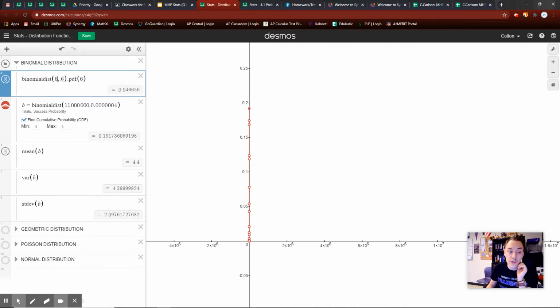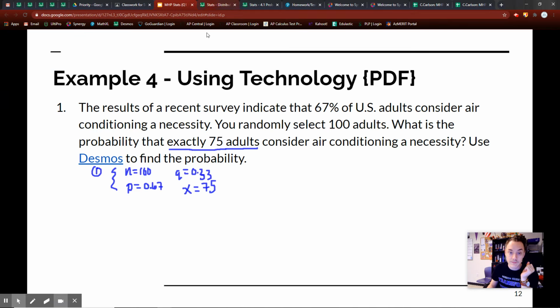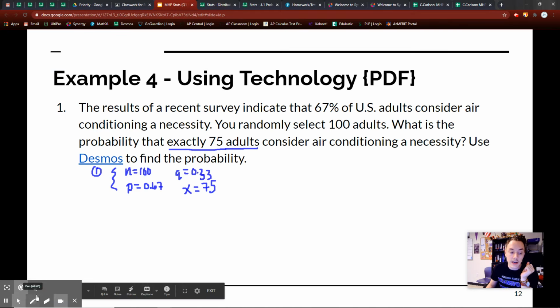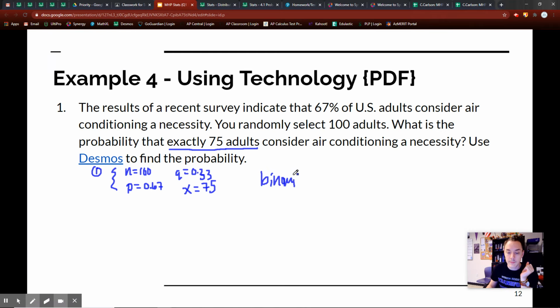So what I'm going to first do is list it out like this. Your binomial function, this is what it will look like on Desmos. You can write this down if you want. It's binomial distribution. What it has is the n trials, comma, my probability of success, and then PDF, and then x.